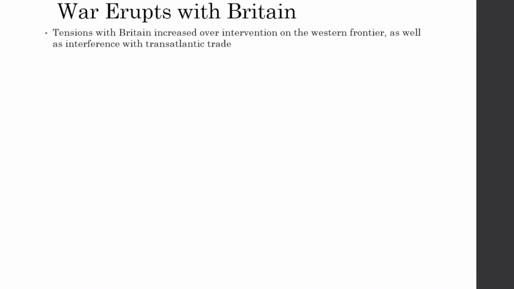And then war. We're fighting Britain. So there are issues with intervention in the frontier, which is to say, the British were very much encouraging the natives to continue hostilities against the U.S. And I think maybe even arming them, because the British liked just to cause trouble.